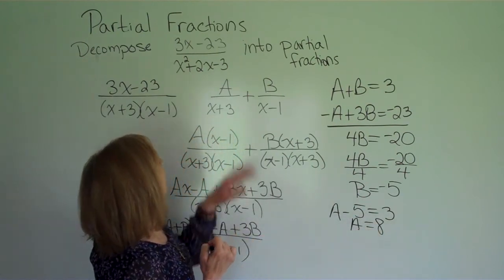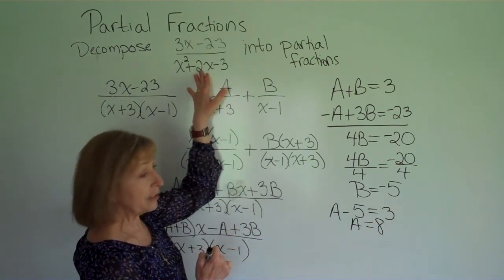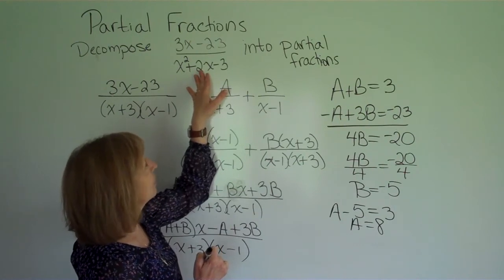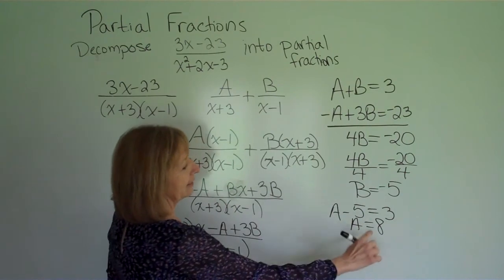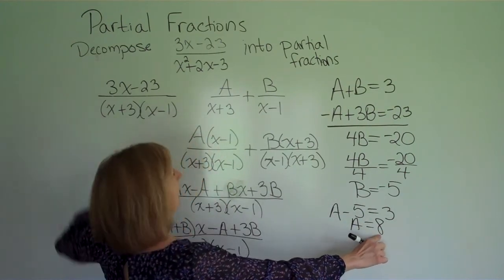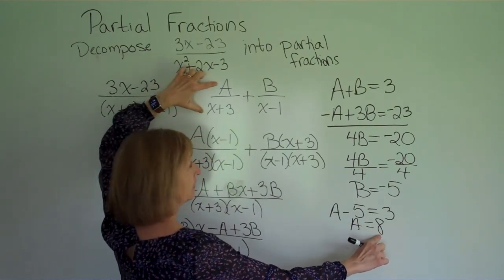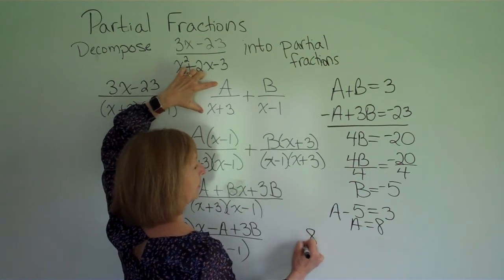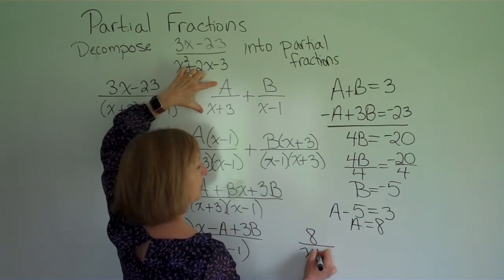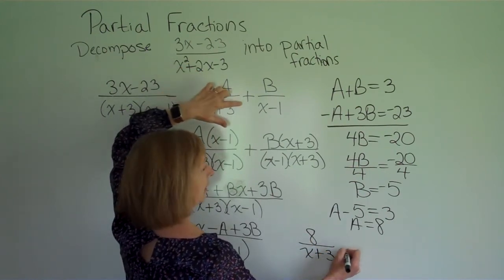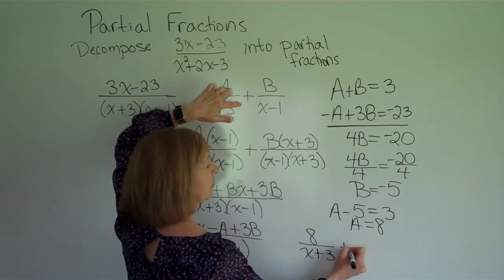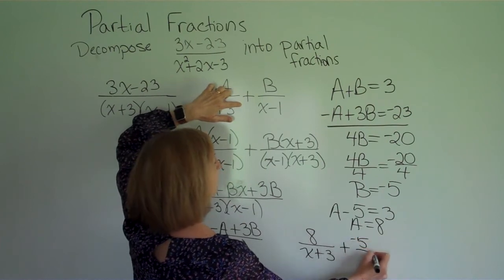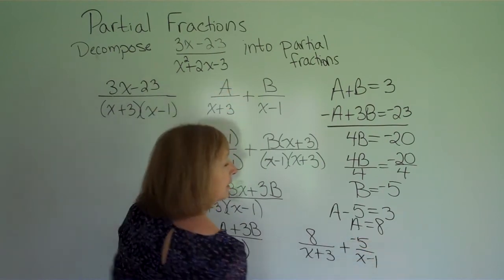And so my partial fractions that mean the same thing as this original rational expression are, okay, a is 8, and I set it over my x plus 3. So I have 8 over x plus 3. And then my b is negative 5, so I could write this as plus negative 5 over x minus 1.